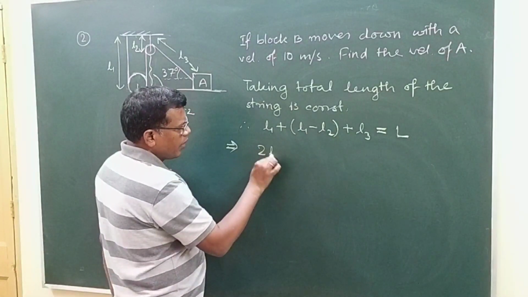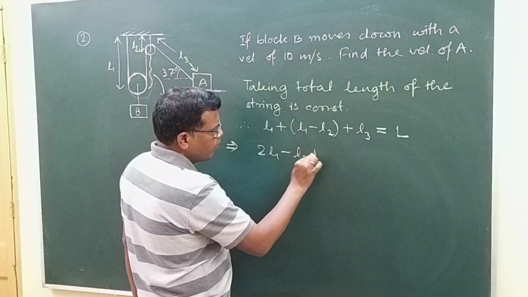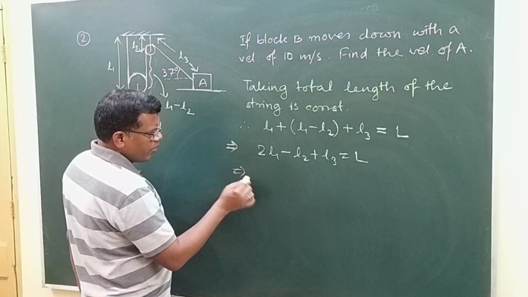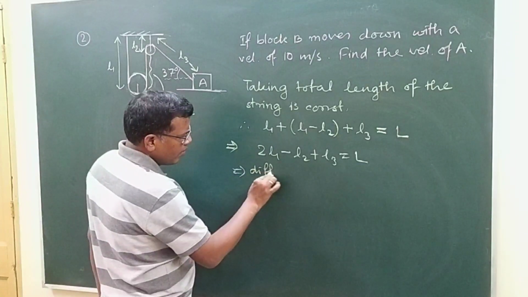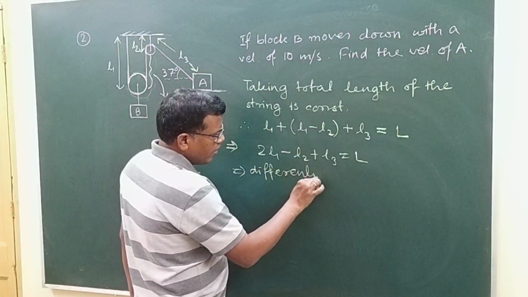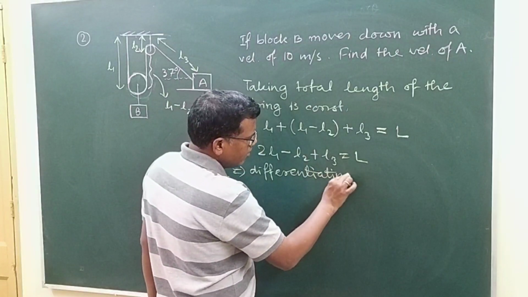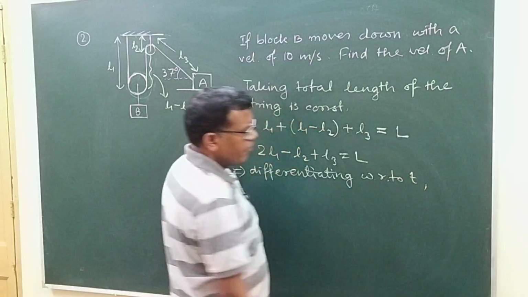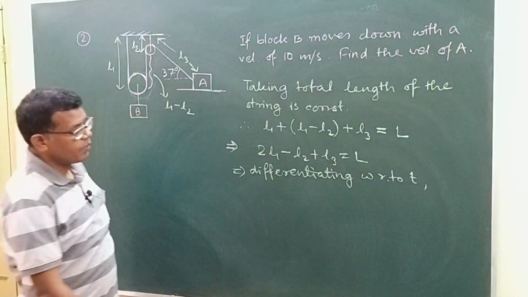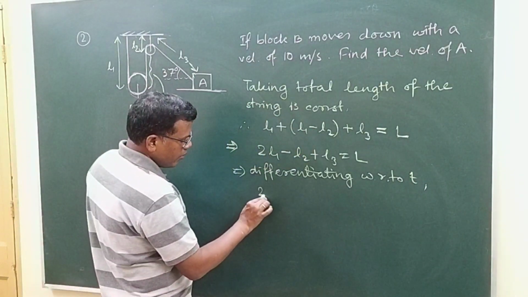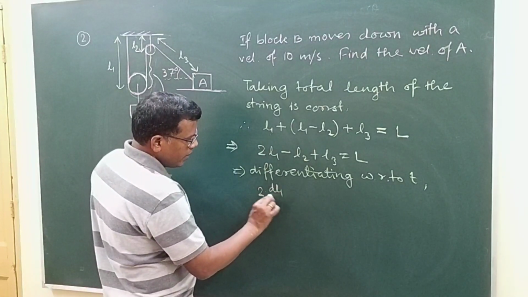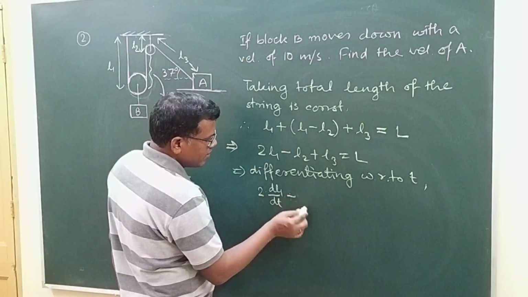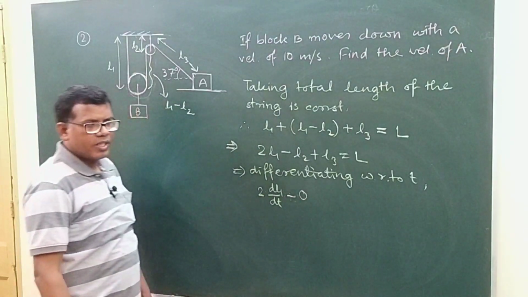Basically this is twice L1 minus L2 plus L3 equals capital L. Differentiating with respect to t, it will be 2 dL1/dt minus dL2/dt, which will be 0 because L2 is constant.